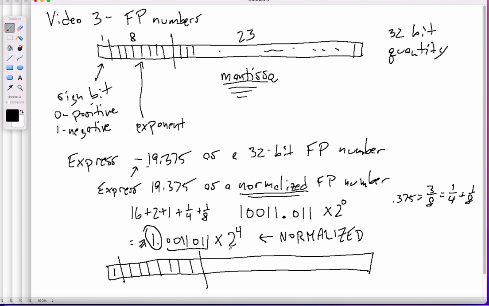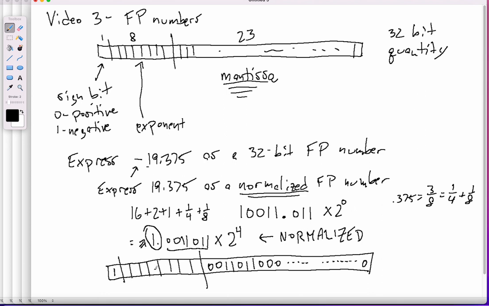The mantissa is 23 bits long, and we just start copying these over. So it's going to be a 0, and then another 0, and then a 1, and a 1, and a 0, and a 1, and a 1. That's 7 bits, but the rest of it are just all zeros.